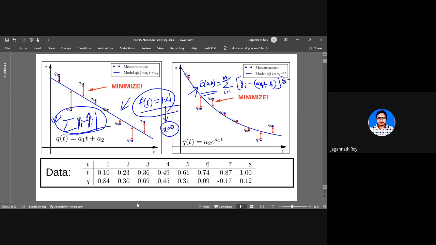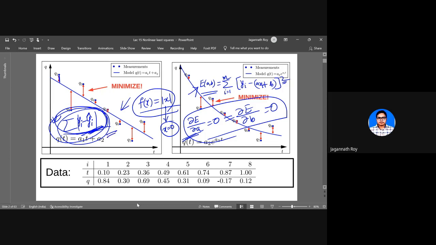So when we consider del E del a equals 0, the first order necessary conditions, we cannot apply those analytical formulas, because if we consider the absolute values, this error function is not going to be mathematically convenient. But statistically, where we do not use derivatives, this works fine.